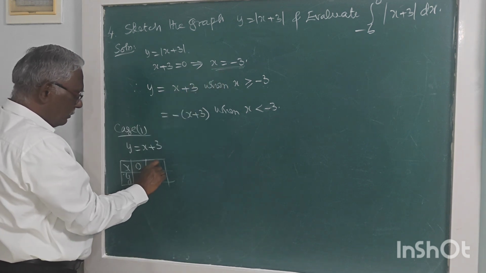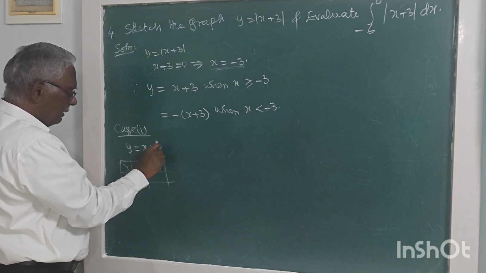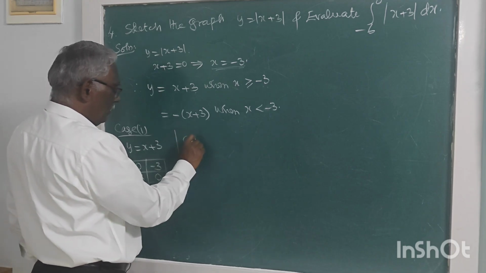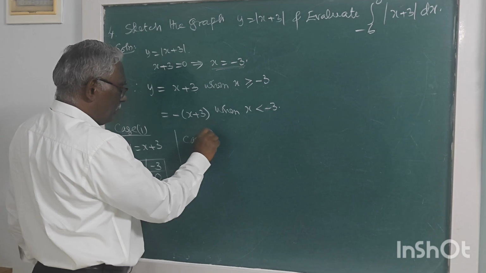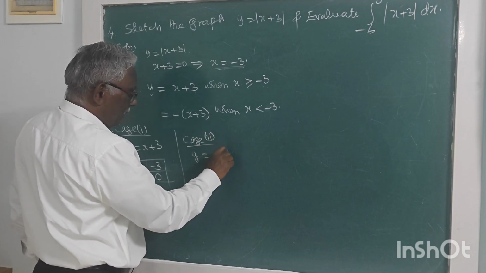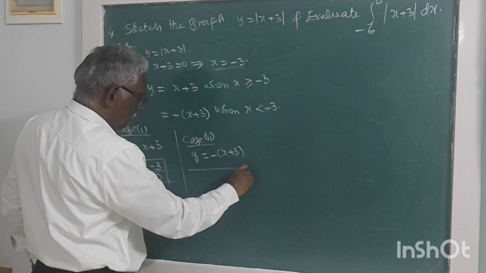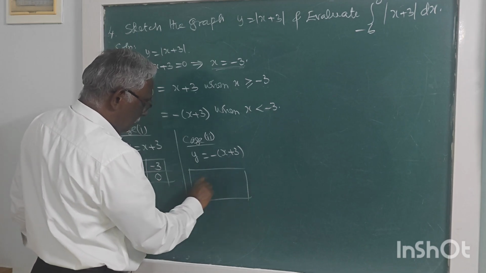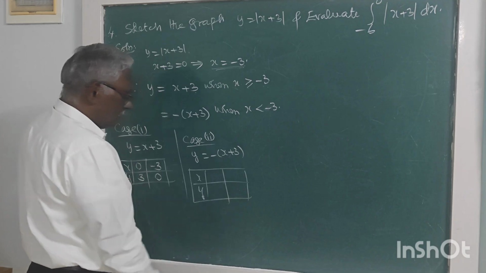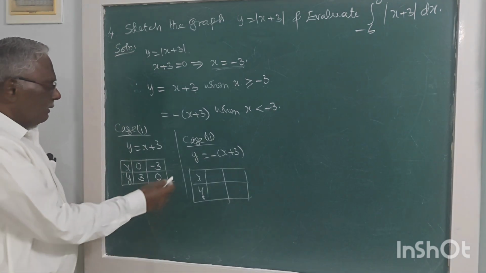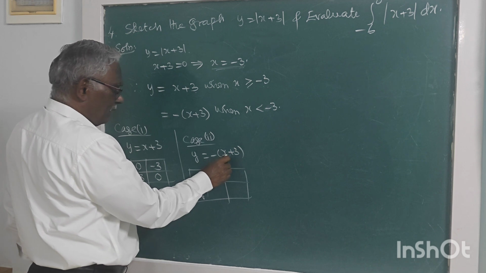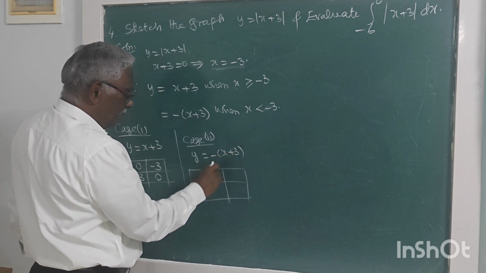Put x is minus 3, minus 3 plus 3, y is 0. Case 2, y is minus of x plus 3. Now again, put x is minus 3, one value. Minus 3 plus 3 is 0.